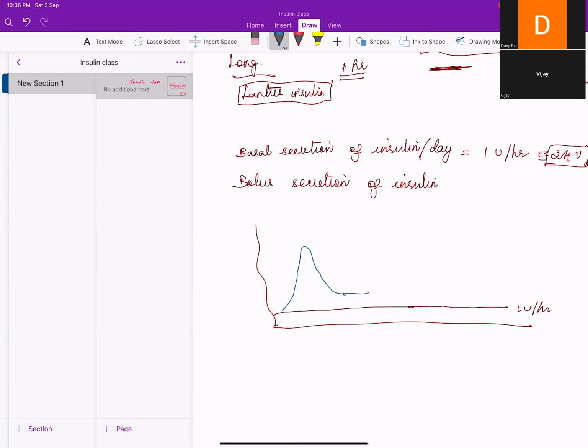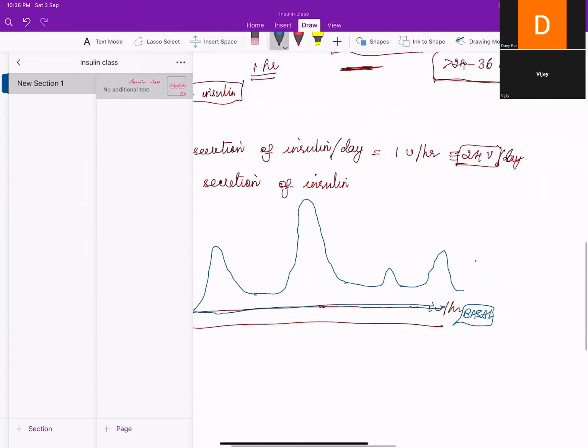The afternoon meal contains more sugar, so there will be a very high increase in insulin. Suppose they are taking an evening snack, a small rise in insulin. Again, at dinner they are taking this one. So this is the basal secretion, which is 1 unit per hour. This is called the bolus secretion of insulin.